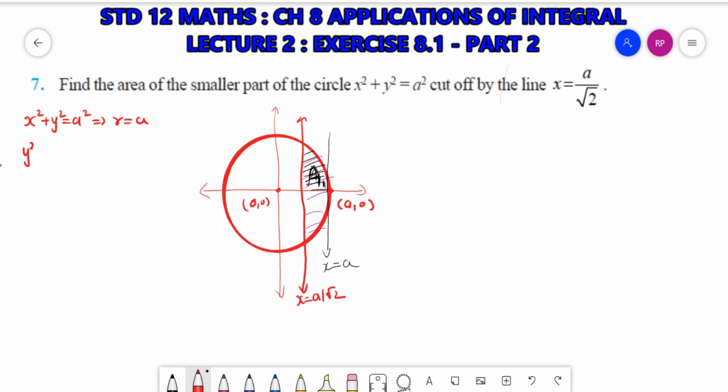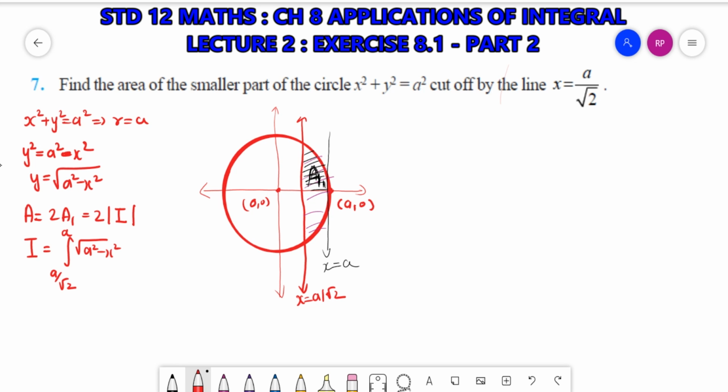First, I need to find out f(x). X square plus y square equal to a square. Y square is equal to a square minus x square. So y is equal to under root of a square minus x square. Area will be equal to twice A1, which is equal to 2 times modulus of I, where I is equal to integration from a by root 2 to a of under root of a square minus x square dx.